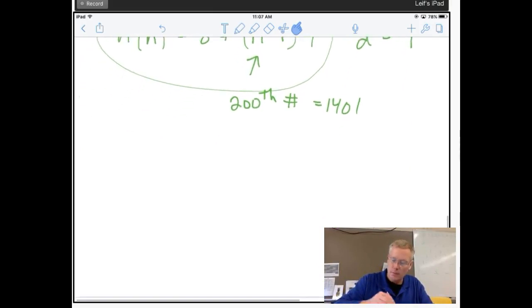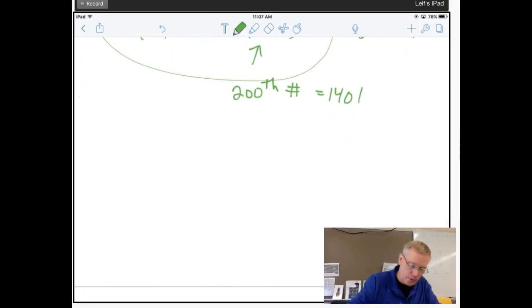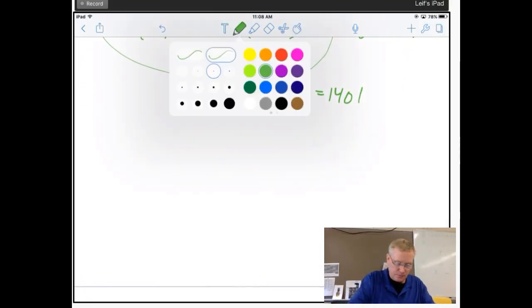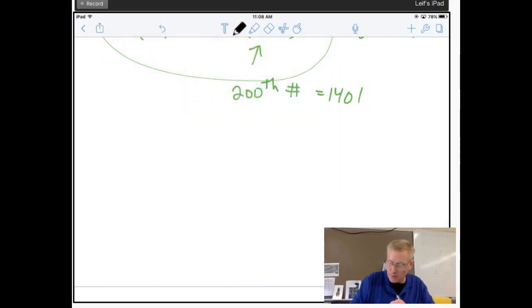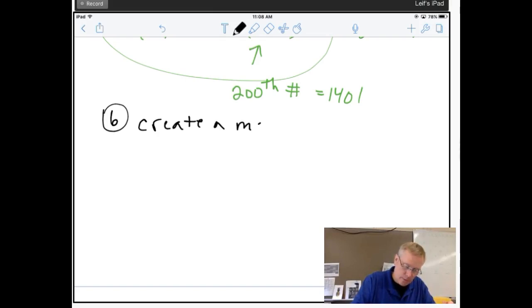All right. My next and last problem for you is this. Create a mapping diagram and determine if it's a function. So this is number 6. Create a mapping diagram and determine if it's a function.